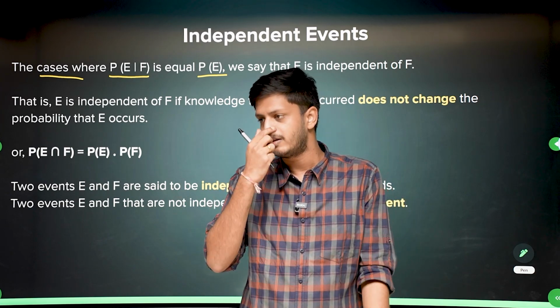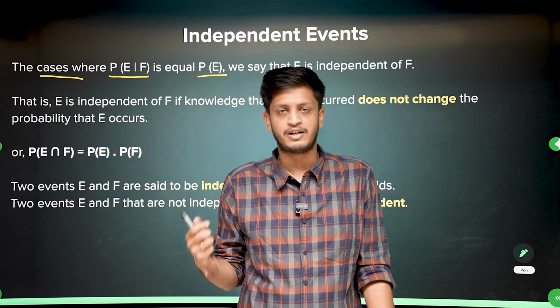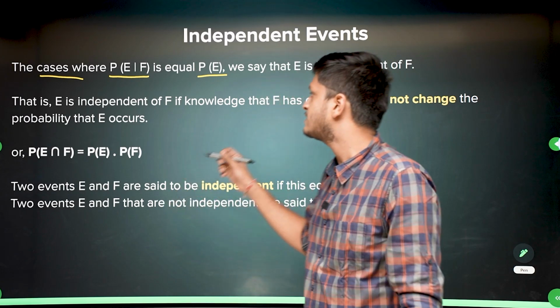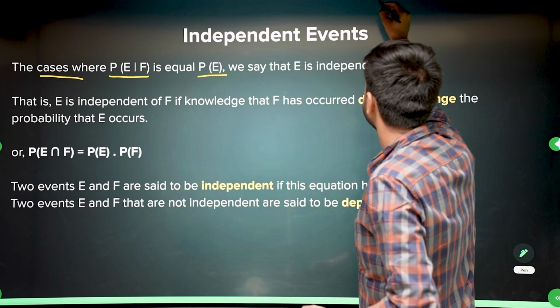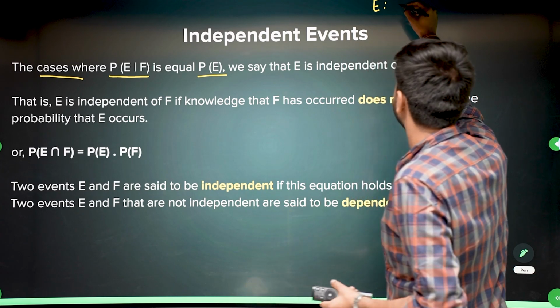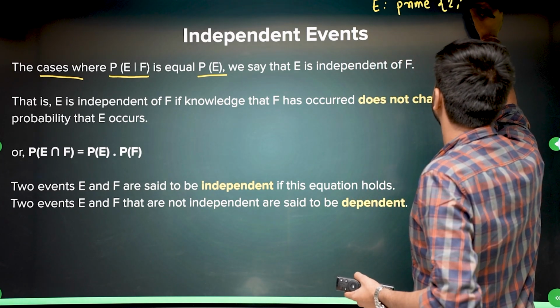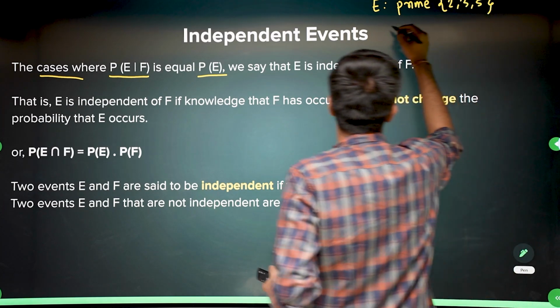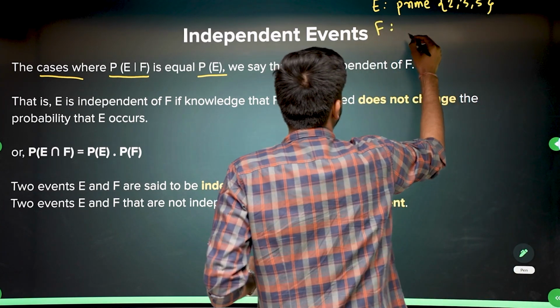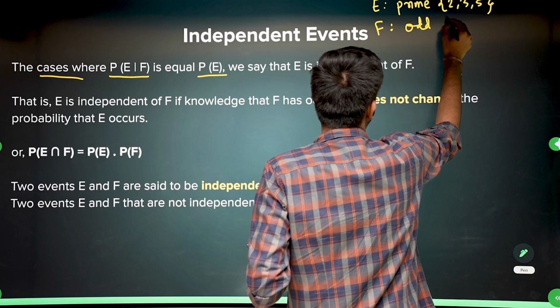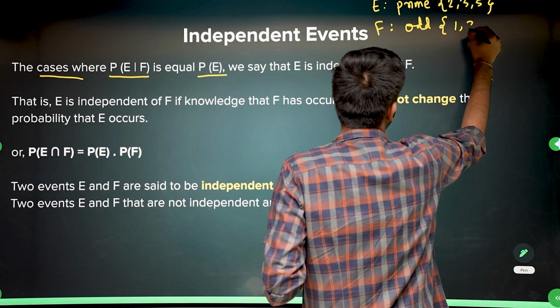For example, throwing a dice. Let's say E is the event of getting a prime number. We know that it is 2, 3 and 5. And let's say F is the event of getting an odd number, which is 1, 3 and 5.